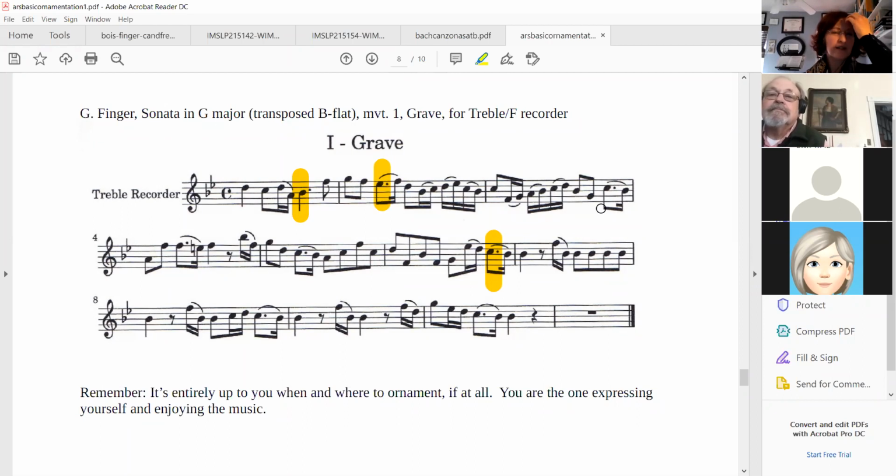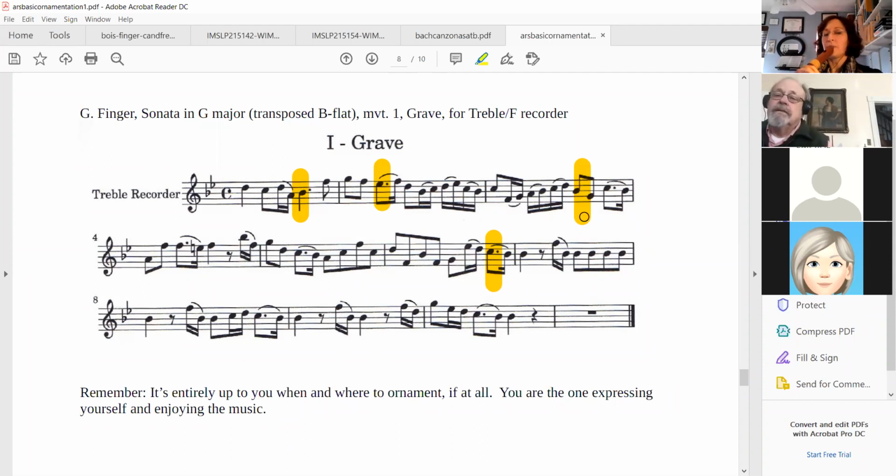I look for places that I can also add some double port de voix or Nachschlags. Or I can add some appoggiaturas, like here's this lovely third right here, and I can definitely add an appoggiatura there.